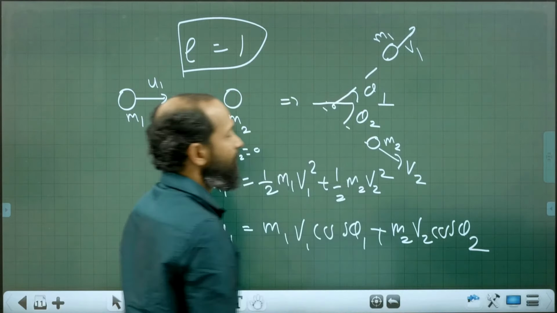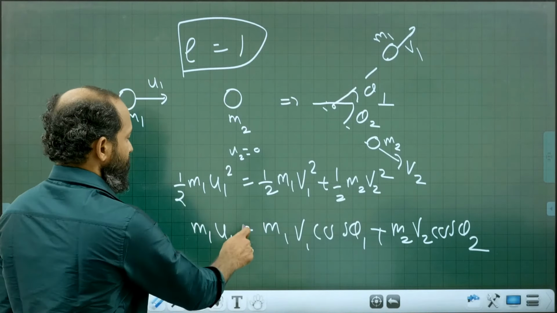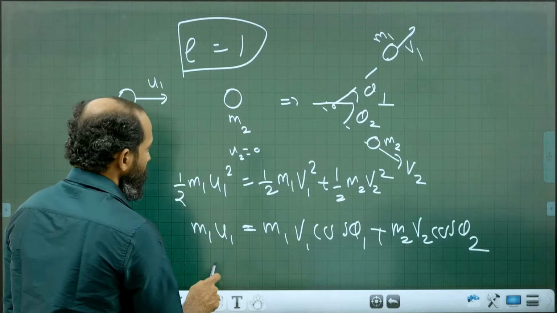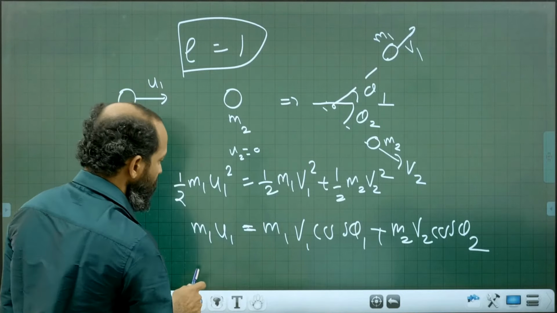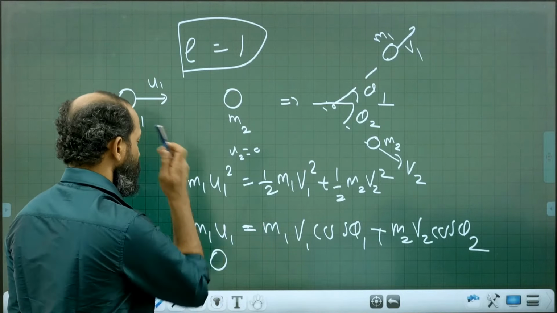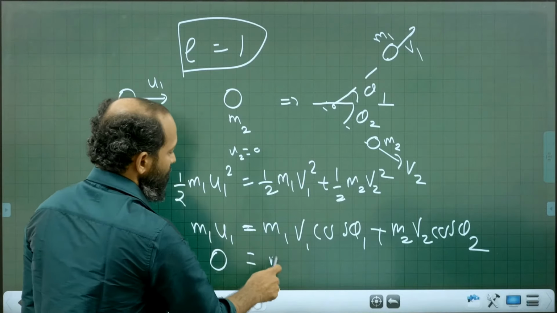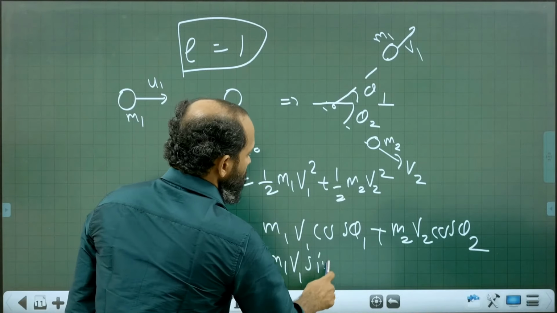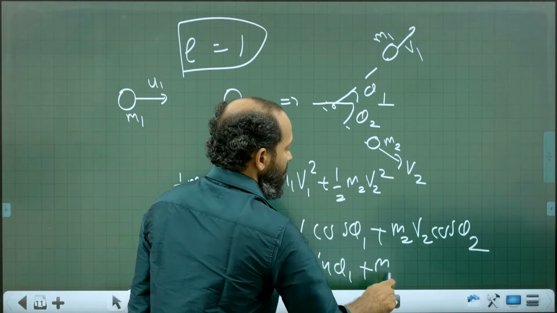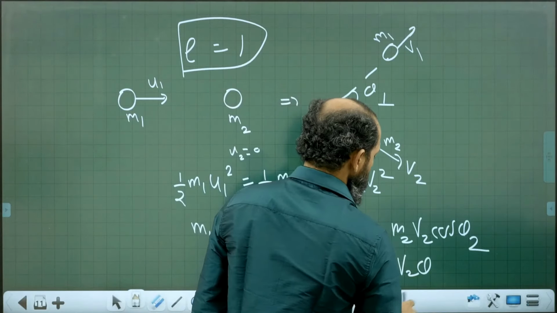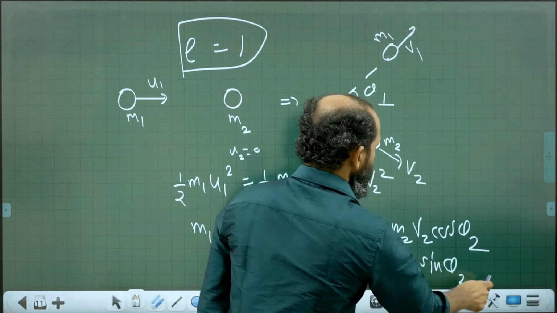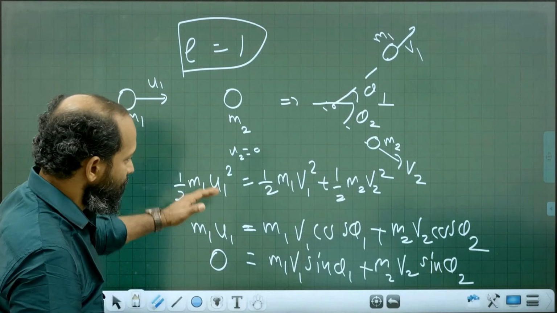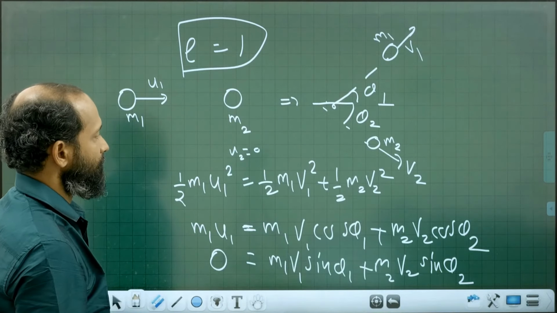As momentum is a vector, we have to resolve. That is only the horizontal components I have equated. Vertical component of initial momentum is 0, that is equal to m1 v1 sin theta 1 plus m2 v2 sin theta 2. So you can make use of these three equations in solving problems.